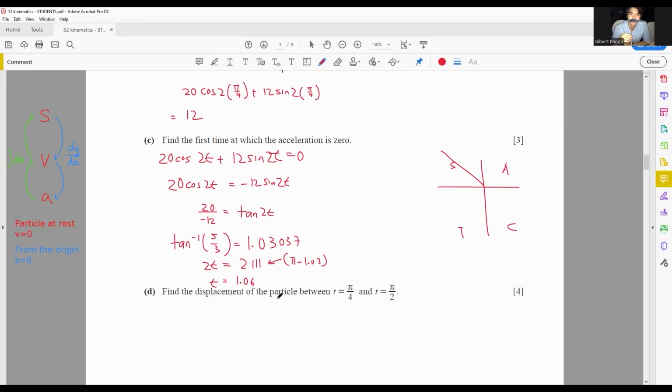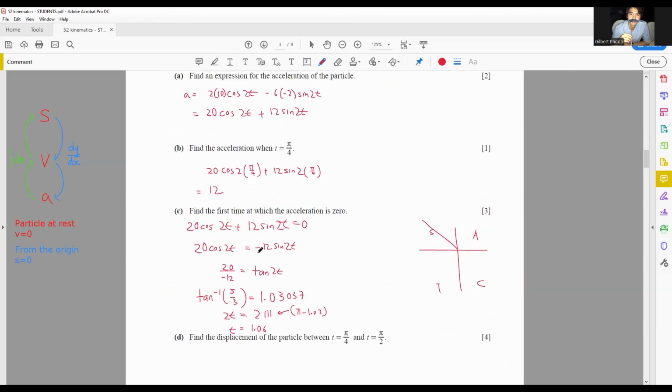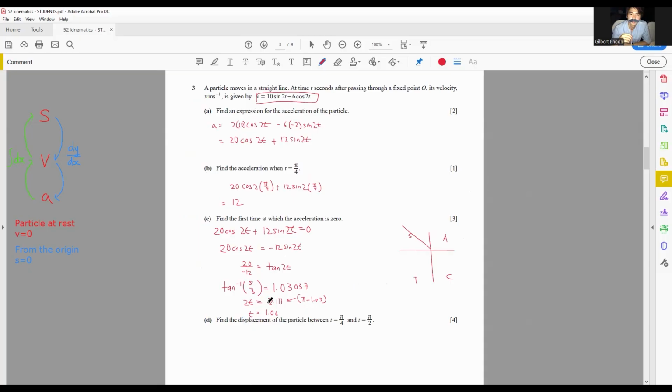Last part here, find the displacement of the particle between t equals pi over 4 and t equals pi over 2. Since we're looking for displacement and we are given velocity, what we have to do is integrate the velocity formula here. Integrating it, you would have gotten that displacement equals integrating sine, you would have gotten negative 5.